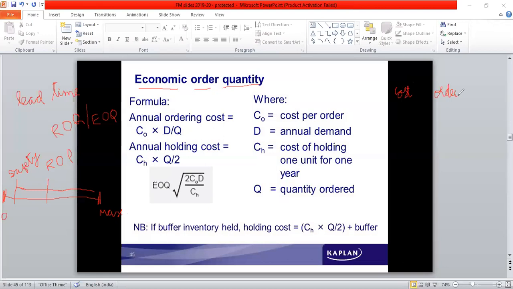The third one is, after the material is received, the material has to be stored. We call it storage cost.